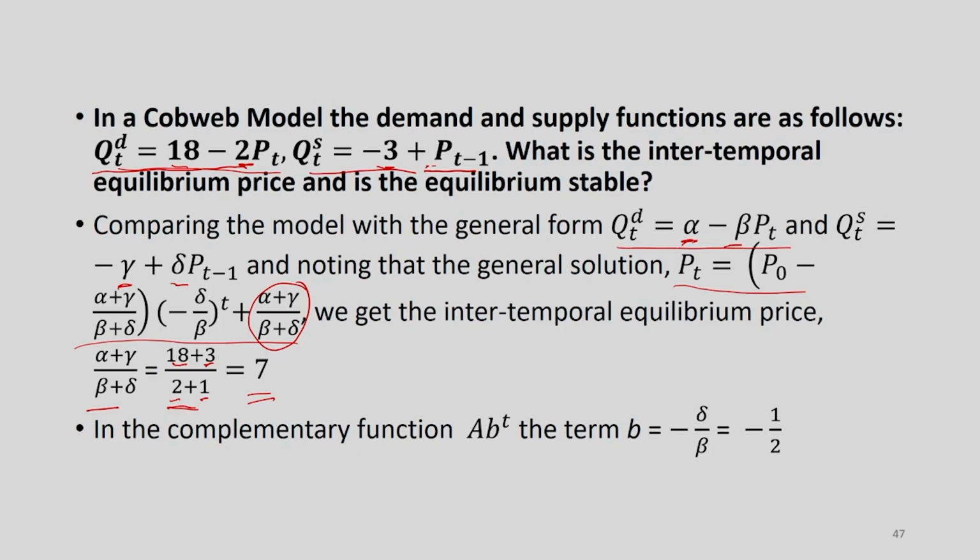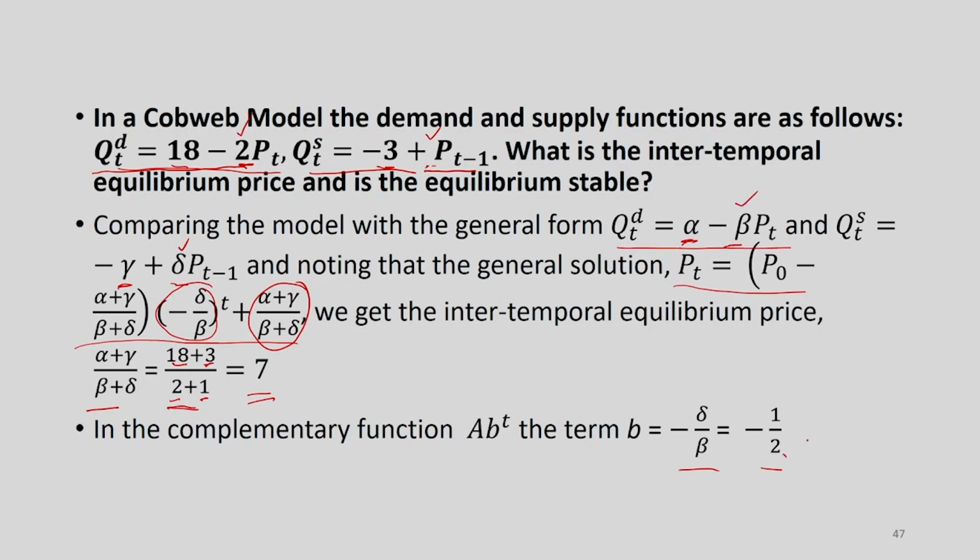What about the complementary function? In this case, this b is very important, right. This is the b term. This b here is minus delta by beta. Minus delta by beta, as we have just seen, will be minus 1 divided by 2, because delta is 1 and beta is 2, right.